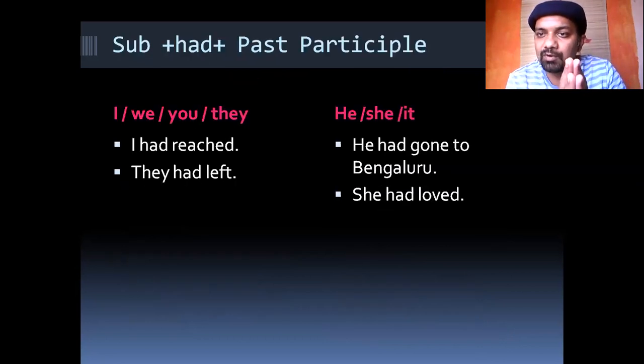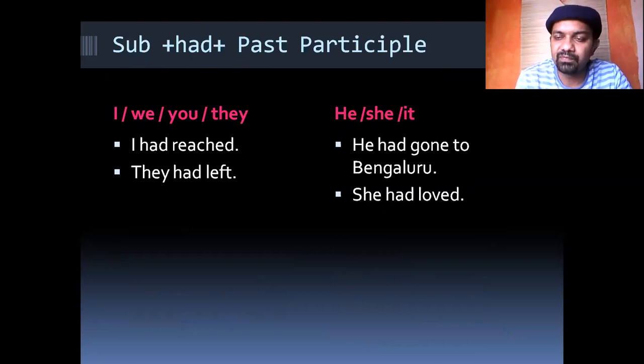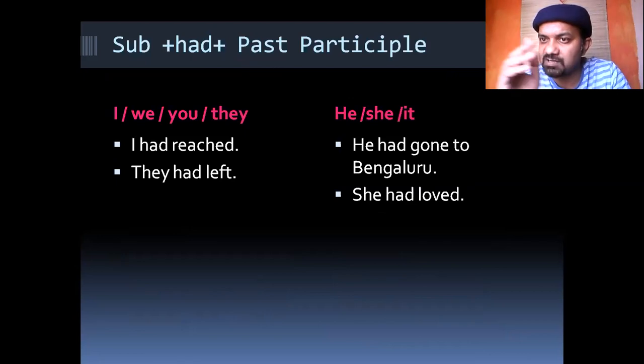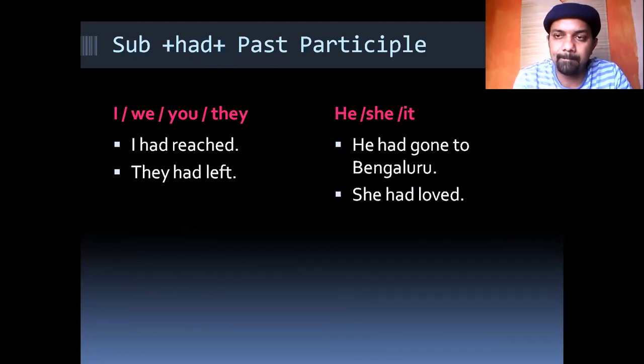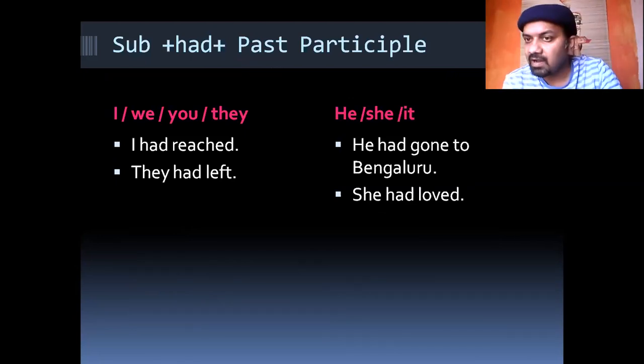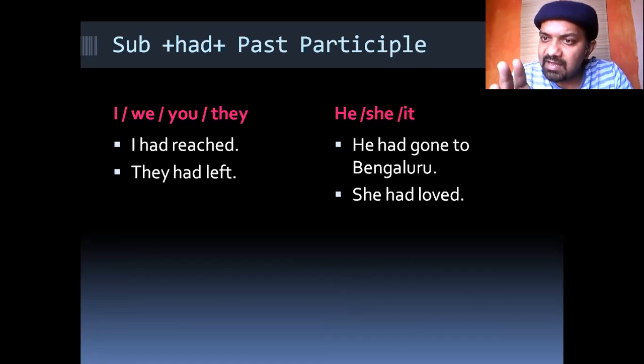What is the form? What is the structure? We will have subject plus had plus past participle form of the verb. For everything we use had. There is no confusion.